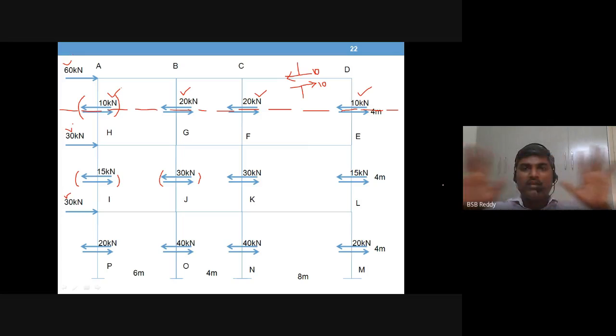If you have a big diagram, then posting the values will be very easy for you. We will be posting all the values onto that diagram.